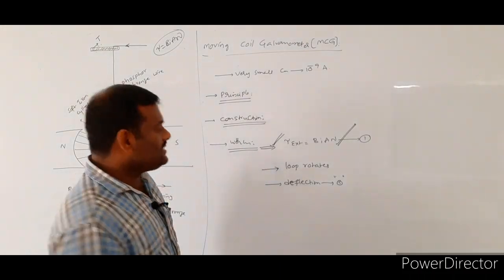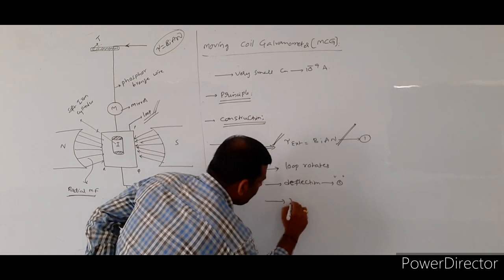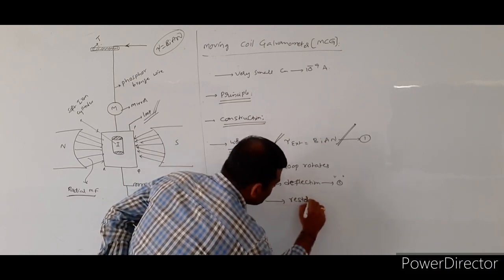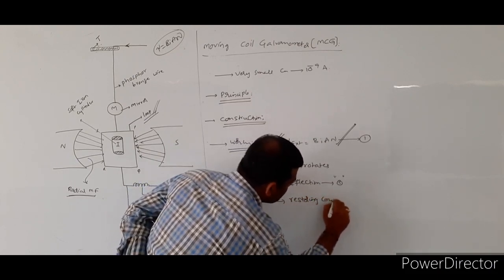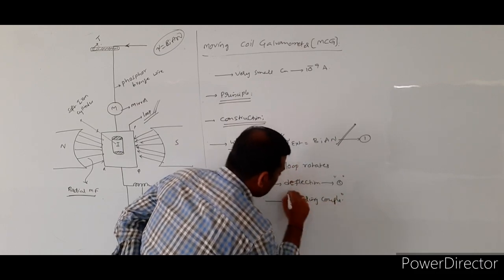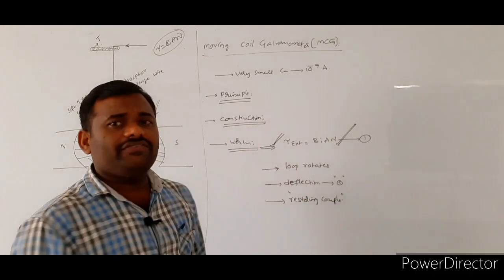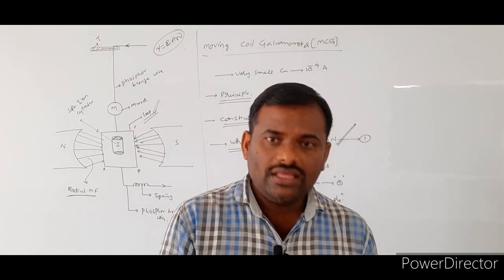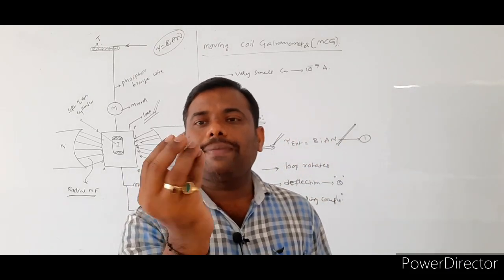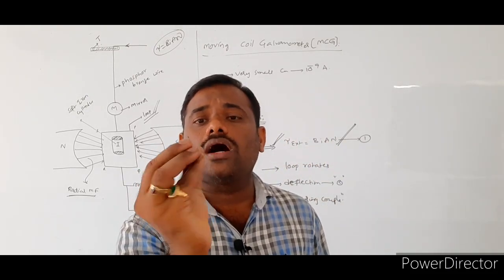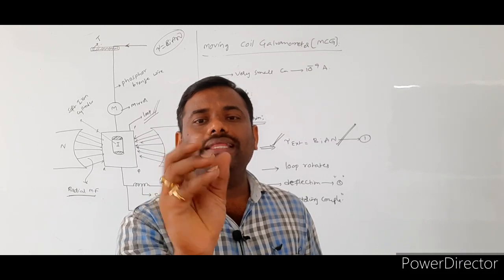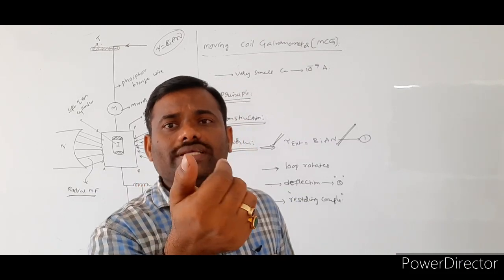As a result, a restoring couple will be developed. What is the meaning of restoring couple? See here. If you take a simple pendulum, by applying the external force, external torque, you rotate the pendulum maybe in the anti-clockwise direction.